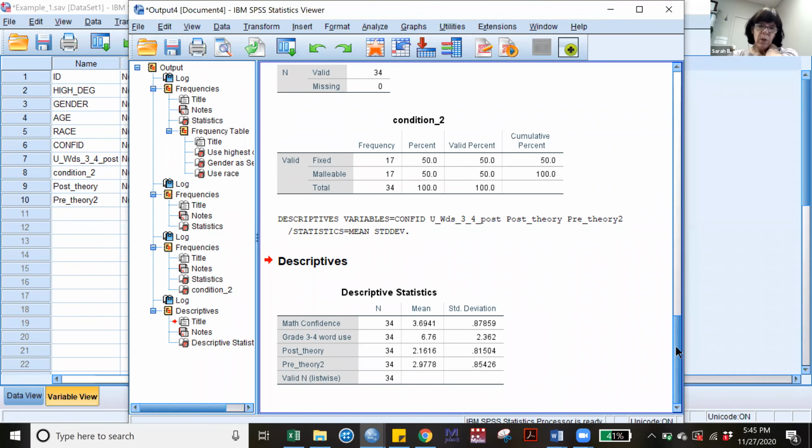So 3.69 on math confidence leans slightly towards confident, and because more fixed theory of ability are higher values, post-theory and pre-theory lean a little bit towards malleable, post-theory more than pre-theory.